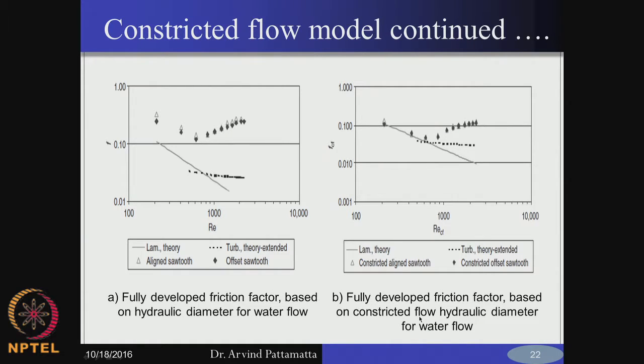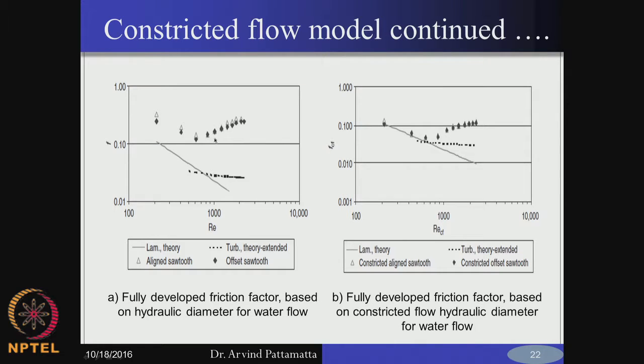Now, just to show how the constricted flow theory predicts well with the experiments. You have the fully developed friction factor. You have the laminar theory which is given by the solid line, and you have the different kinds of profiles: aligned, offset, and you use the constricted flow model.